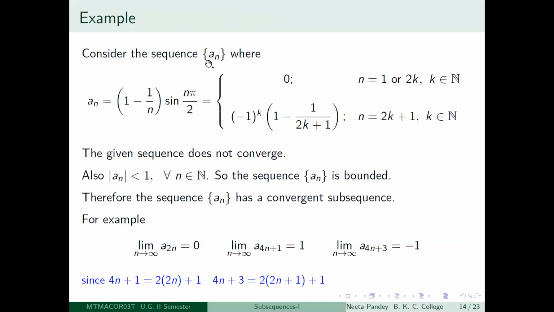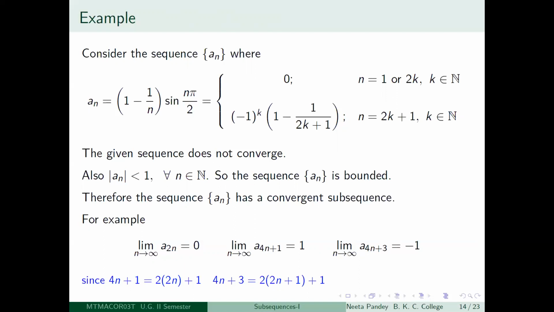Because if you take the mod of this, 1 minus 1 by n is a number which is less than 1, and the modulus of sine x is less than or equal to 1. So sine takes values only from minus 1 to 1.